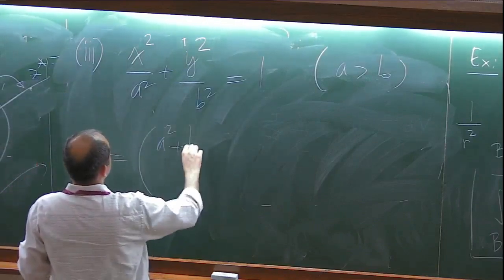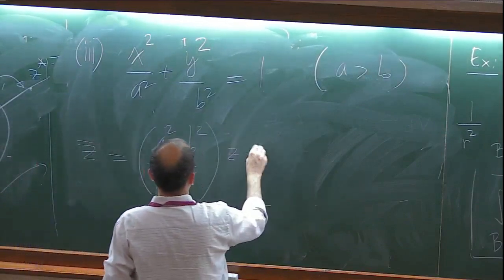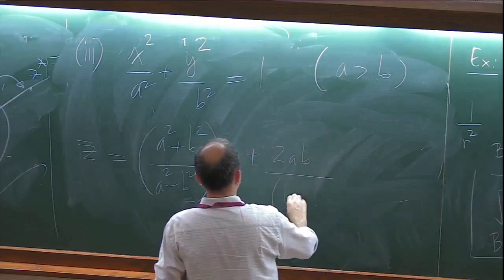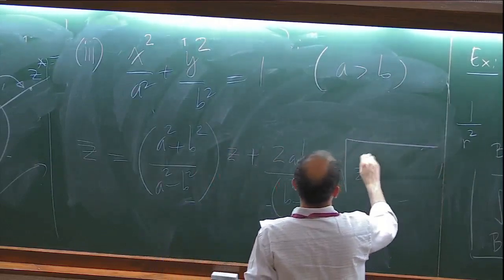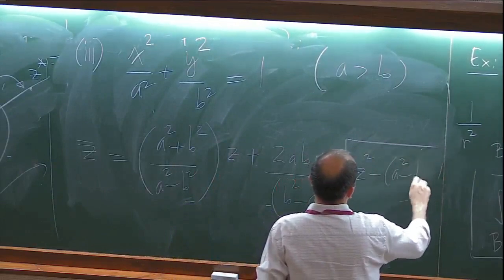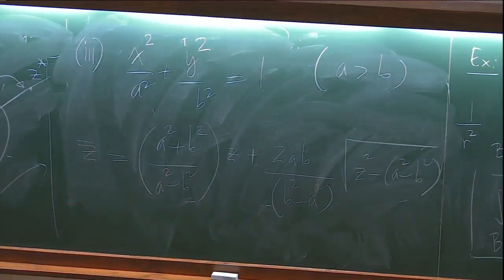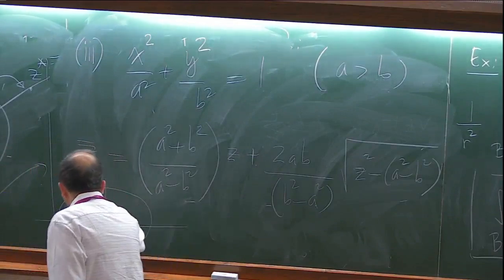I have a squared plus b squared, a squared minus b squared z, plus 2ab divided by b squared minus a squared, then the square root of z squared minus a squared minus b squared. So that's my ellipse. I have the two foci here.